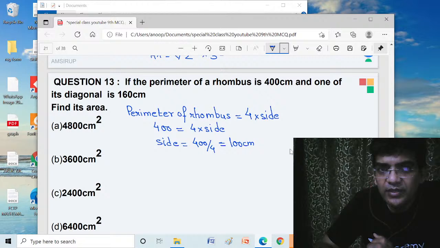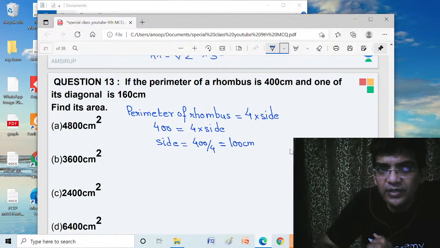So 100 plus 100 plus 160, the perimeter is equal to 360. Then we need to find the semi-perimeter, which is half of the perimeter. 360 upon 2, so it is 180 semi-perimeter. And now I need to find the area of the triangle.